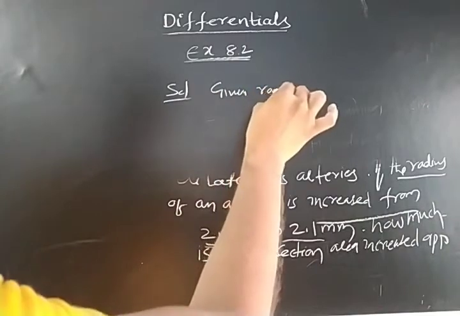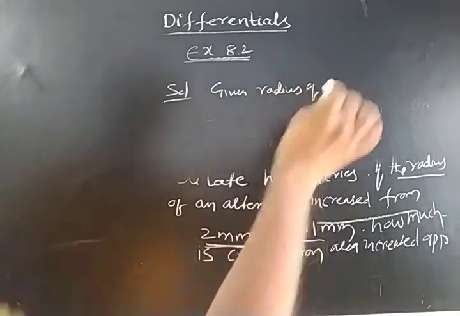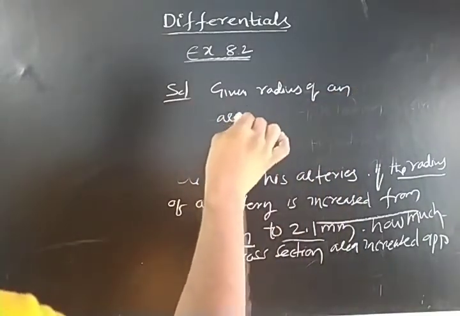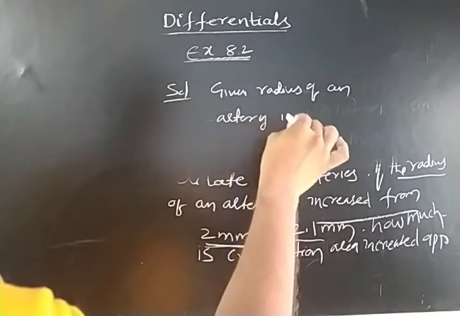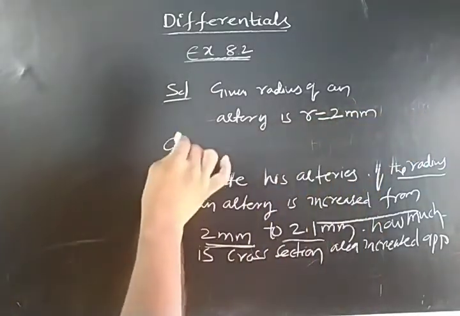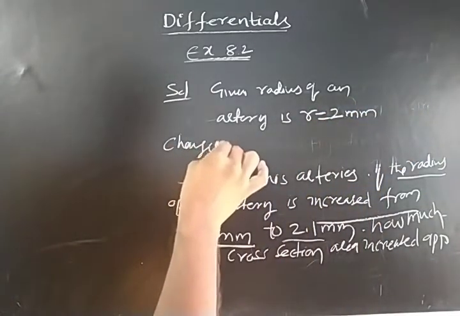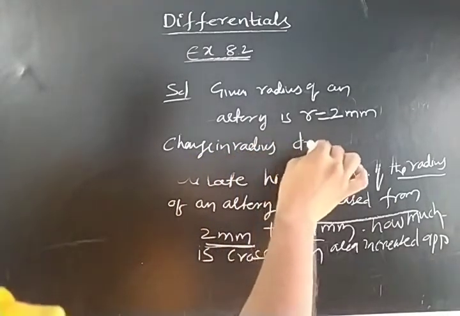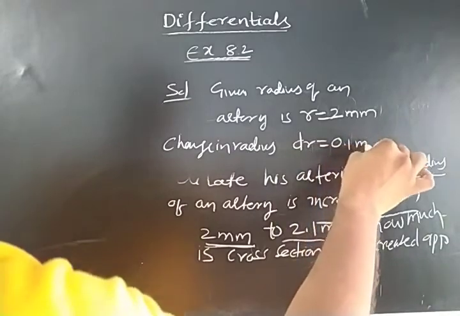Solution is given: the radius of the artery, I am taking as r is 2 millimeters. Change in radius, dr, is 0.1 mm.